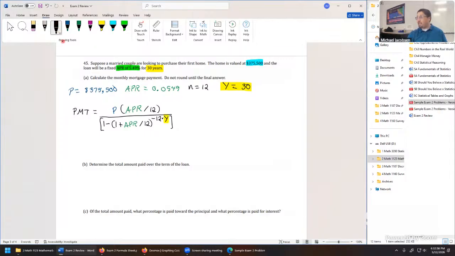Next step, we need to evaluate it. So let's plug in our values. Payment is going to be, first take that huge chunk of money, 375,500. We're multiplying this against 0.0549 divided by 12.